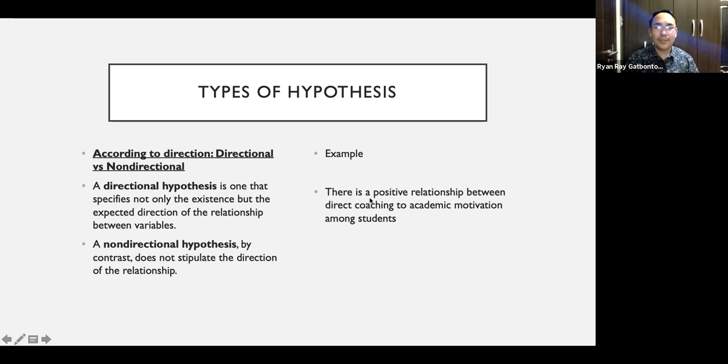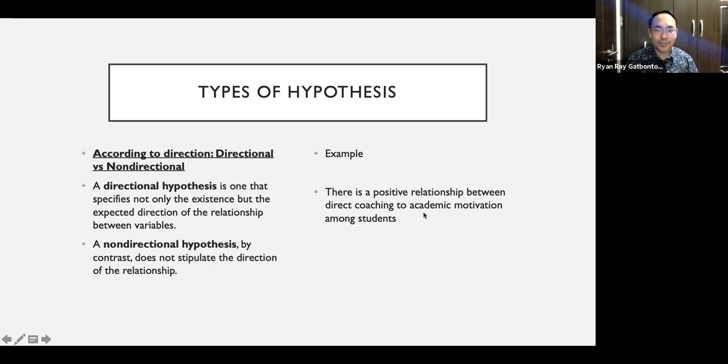When we encounter the words direct relationship, that's already a directional hypothesis. When we say there's an indirect relationship, we mean that the relationship between the variables is inverse. When you say inverse, if one variable goes up, the other variable goes down, and vice versa.